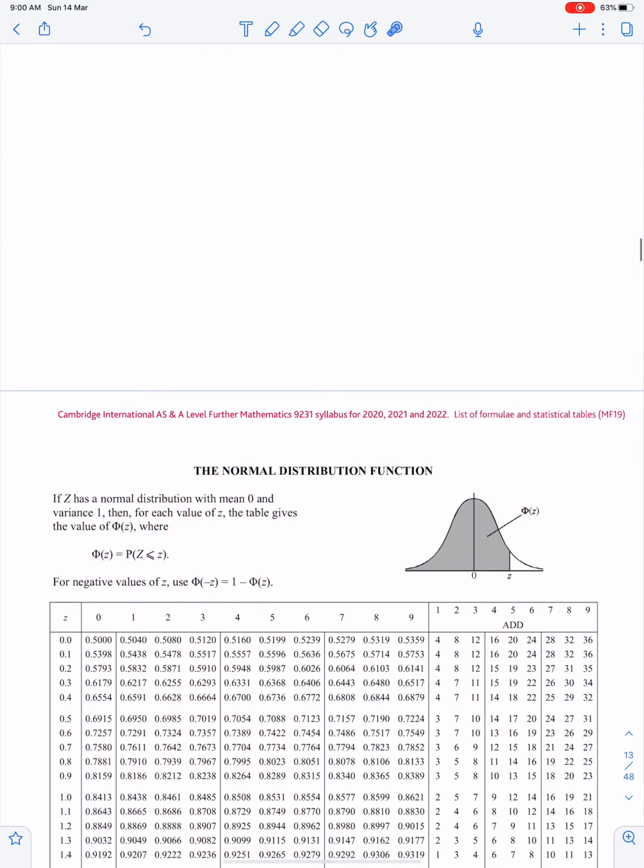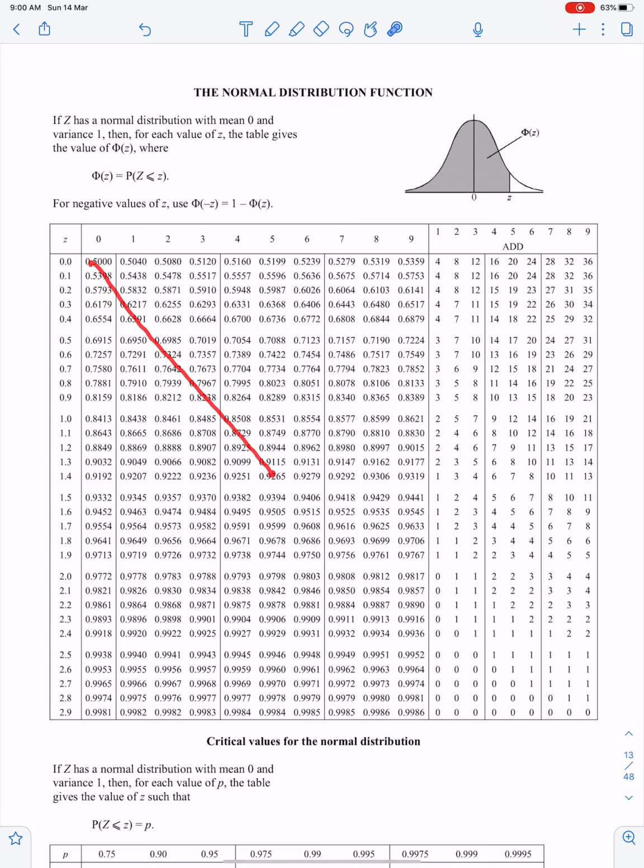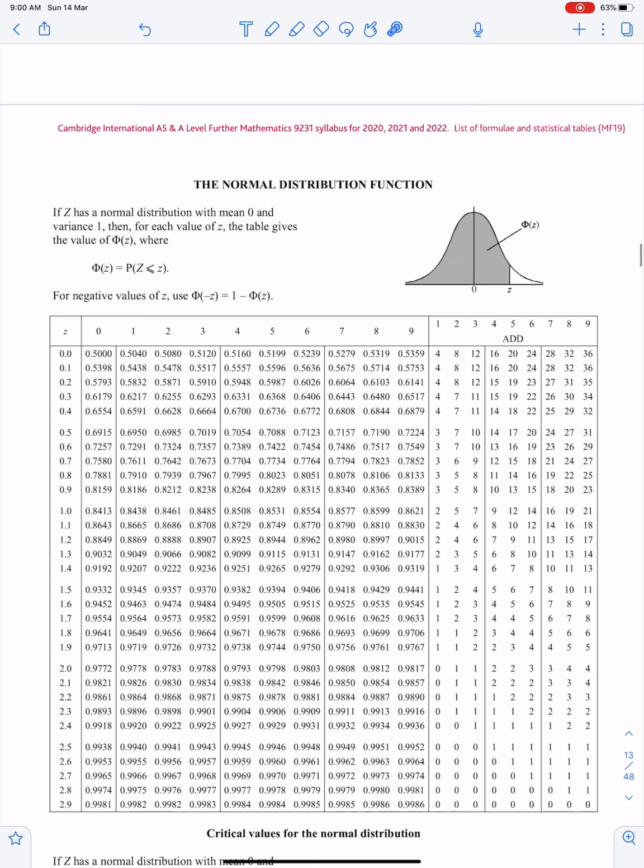0.9072. You have to find phi inverse in this section of the table. So 0.9072, let me write this number here.